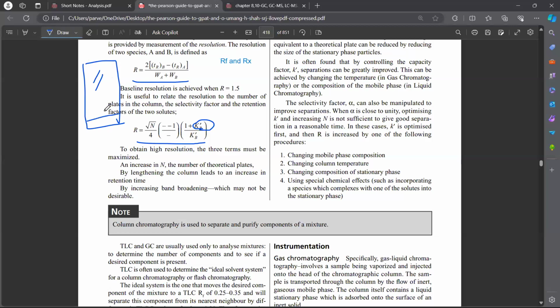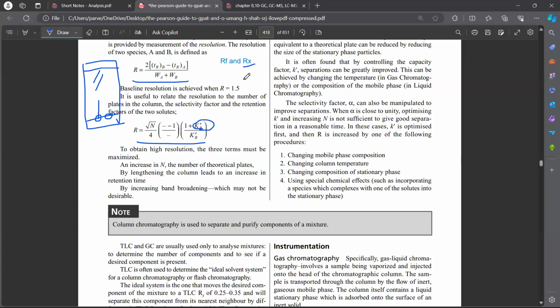Here is the baseline and here is the end line. We spot the sample on the TLC plate, based upon the adsorption efficiency. Distance traveled by the solute divided by the distance traveled by the solvent. Great. And what is meant by Rx?